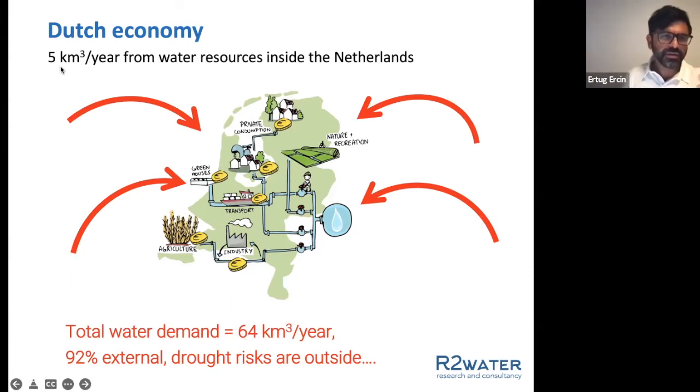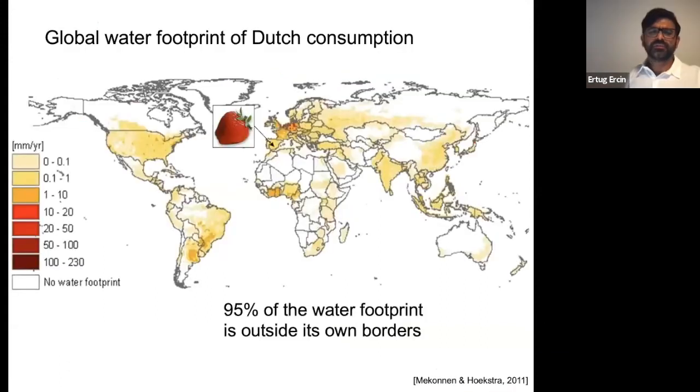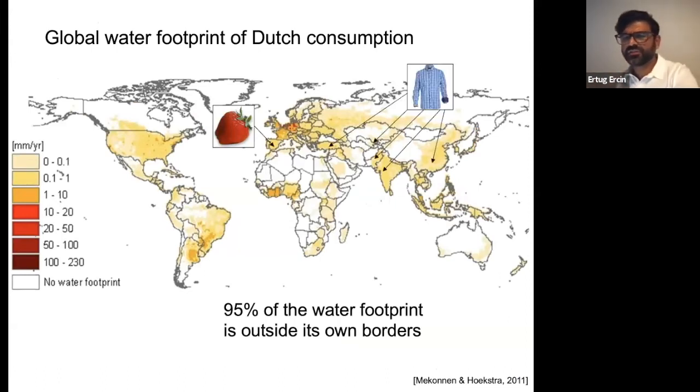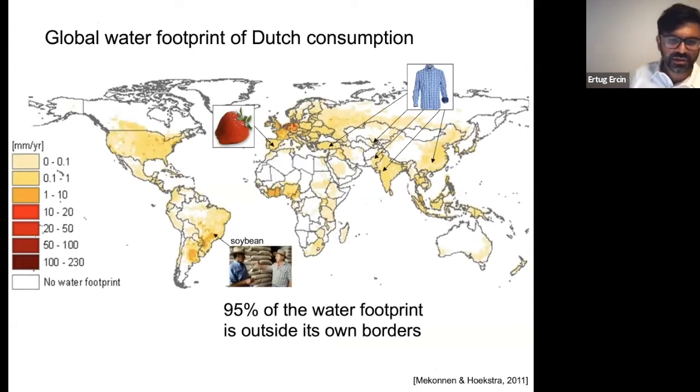This is not important, but you can see that the water need is actually coming from outside its borders. Why? Because ultimately the Netherlands is dependent on other countries. It gets strawberries from Spain, t-shirts and cotton from Turkey, India, and China, and soybean from Brazil and Argentina.